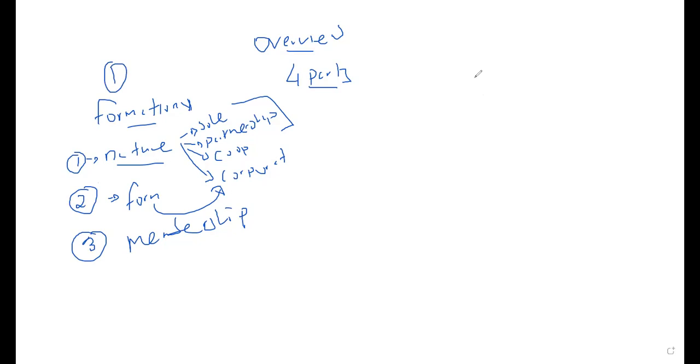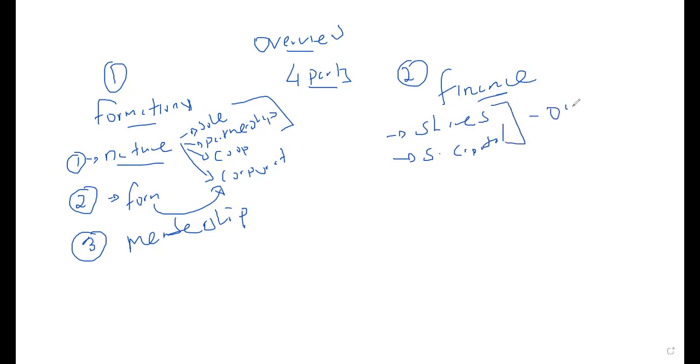And then the next part, after you formed a company, is to worry about how exactly you're going to finance the company. And that will mean looking at shares, share capital. So in this case, we're talking about financing a company using your own money, because those are the choices.